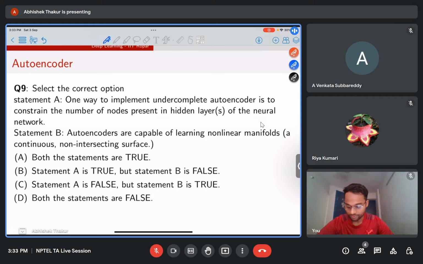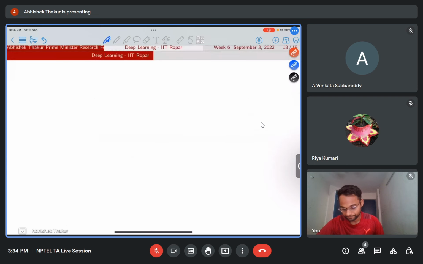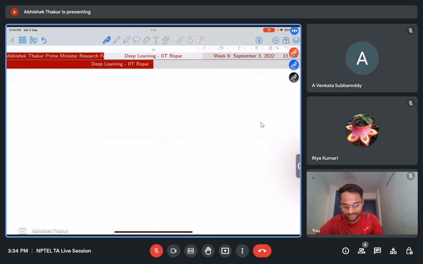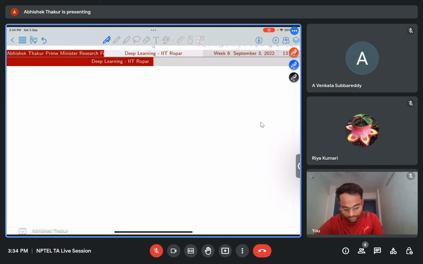This is a different question. Before that, we will see one more thing: what are the different regularization parameters added to the different kinds of autoencoders. In the week 6 lecture, this loss function L hat theta is used.